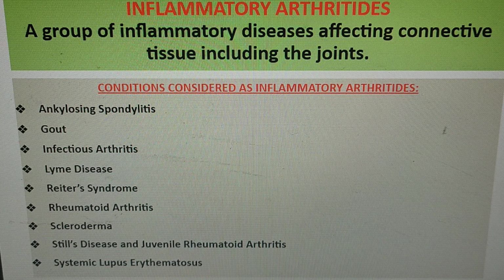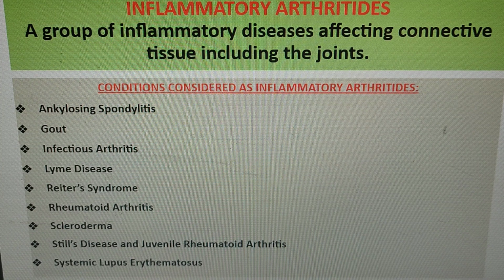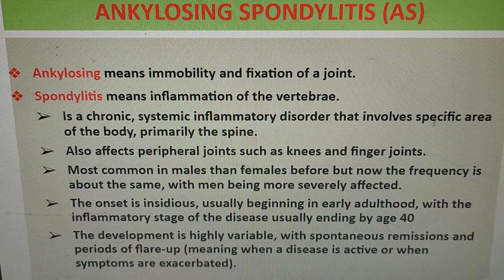Okay, so there are conditions considered as inflammatory arthritis, which are the following: ankylosing spondylitis, gout, infectious arthritis, Lyme disease, Reiter's syndrome, rheumatoid arthritis, scleroderma, Still's disease and juvenile rheumatoid arthritis, and systemic lupus erythematosus. Okay? So for the ankylosing spondylitis, it's called AS.